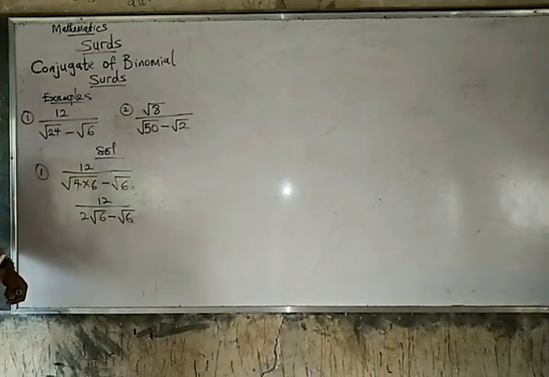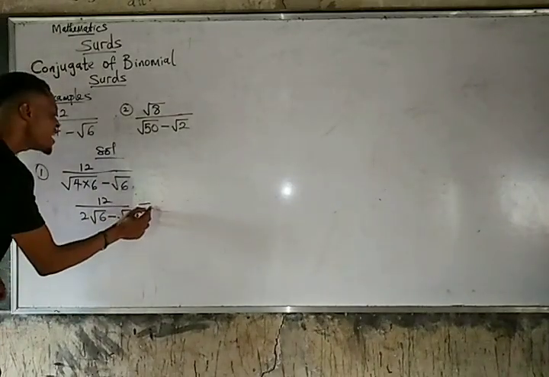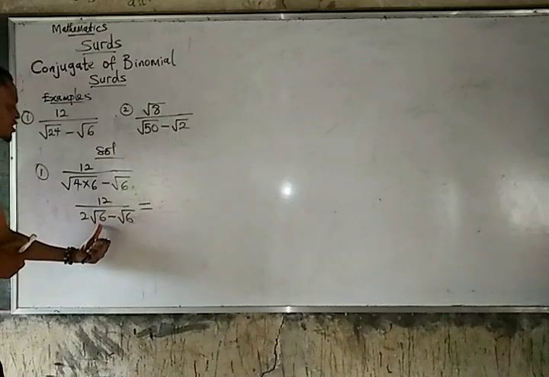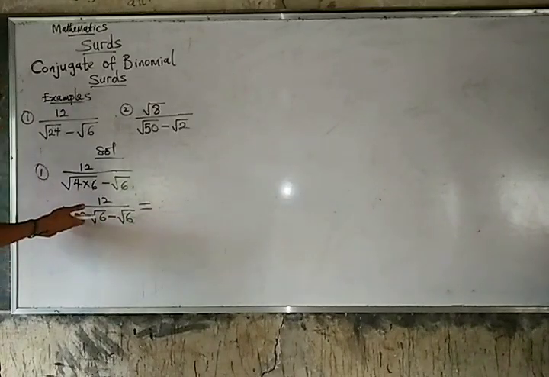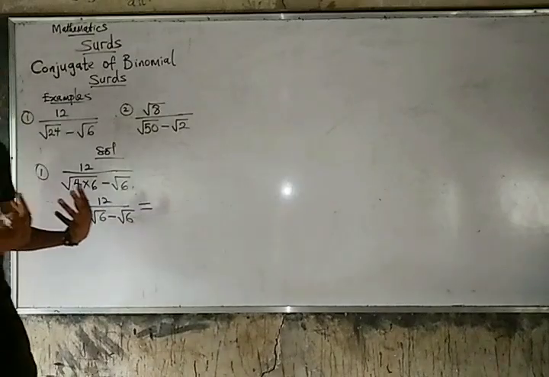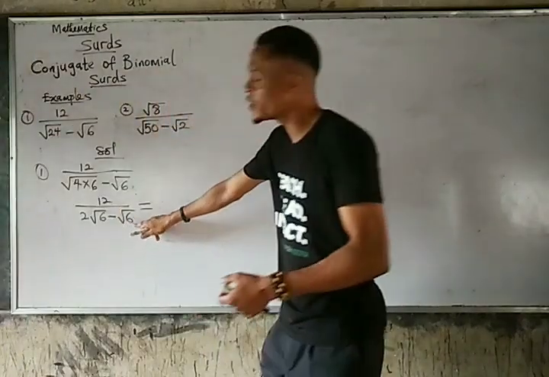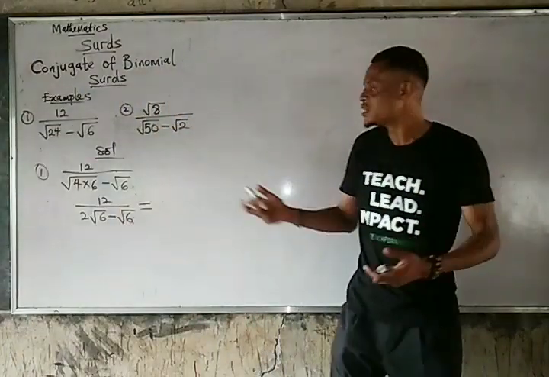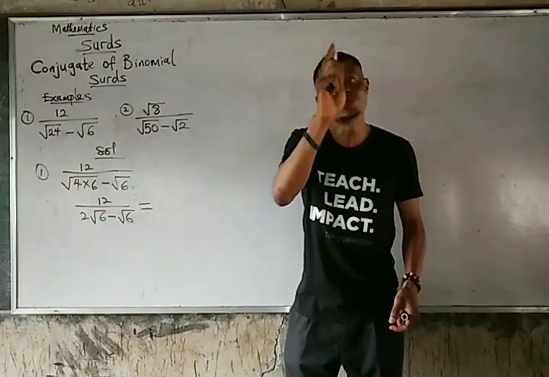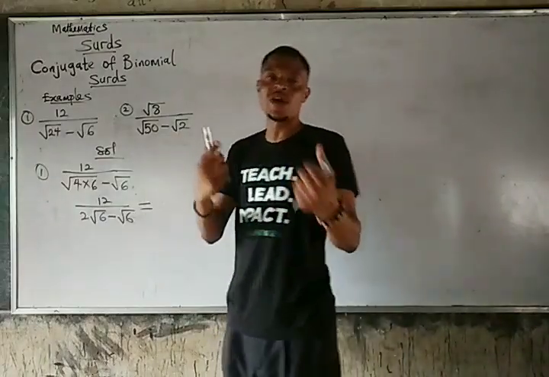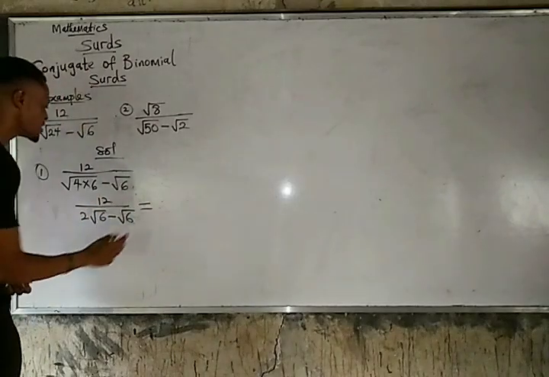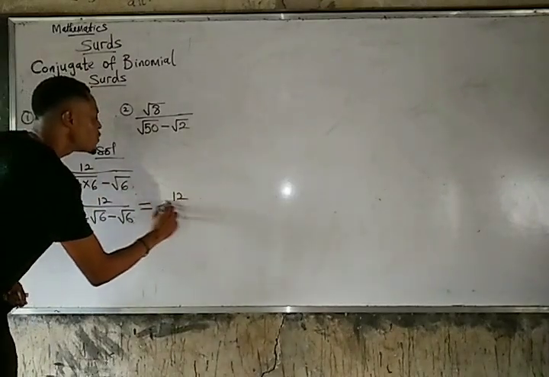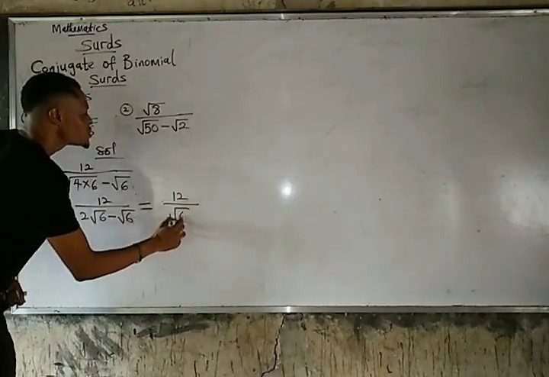Fortunately for me here, I have a root 6 and another root 6. So I'm adding 2 of the root 6, then I'm to remove 1 of the root 6. So I'll be left with 1 root 6, but I'm not going to write a coefficient of 1. I'm rather going to write just root 6. So this will give me 12 all over root 6.